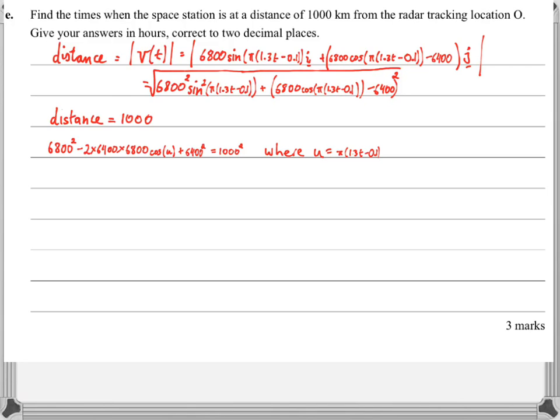It's a simplified expansion of the brackets inside the square root, and then I've squared both sides to get equals 1,000 squared, the distance being 1,000. Again, I've written it in an efficient way using u notation, where u is this, and we have to state what u is whenever we use such a notation.